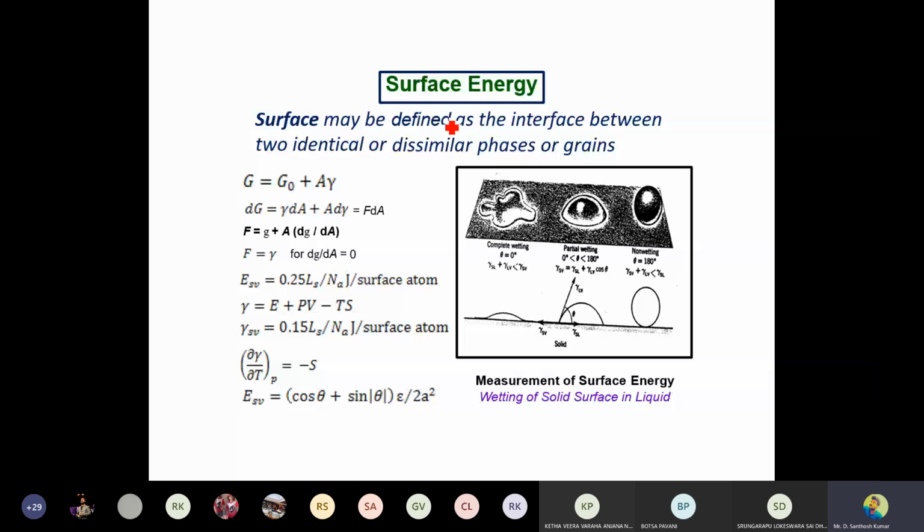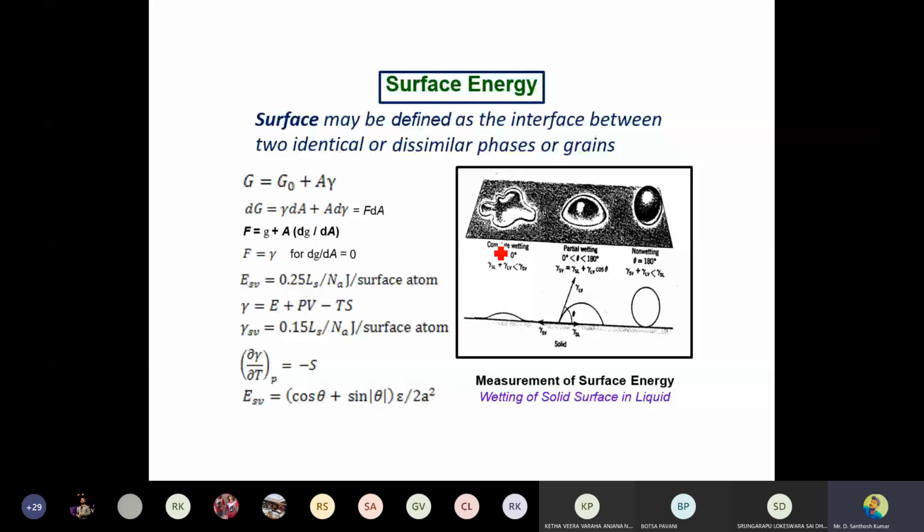Then we move on to surface energies. A surface may be defined as the interface between two identical or dissimilar phases or grains, which we discussed in the previous slides. Here you can see how we measure the surface energy. There is one diagram that clearly gives an understanding of this wettability concept.